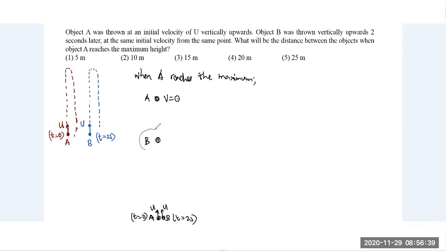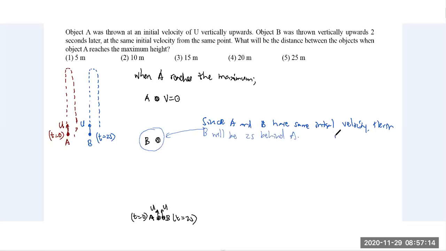B will be 2 seconds behind A. And the other thing we can mention is, since A and B have the same initial velocity, their motions will be identical. So at this point, B will be 2 seconds behind A.